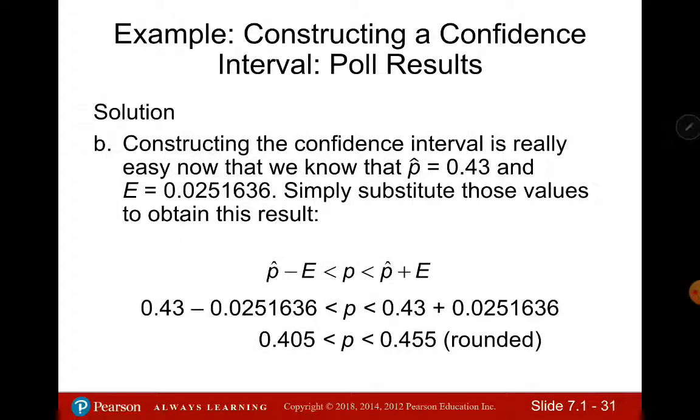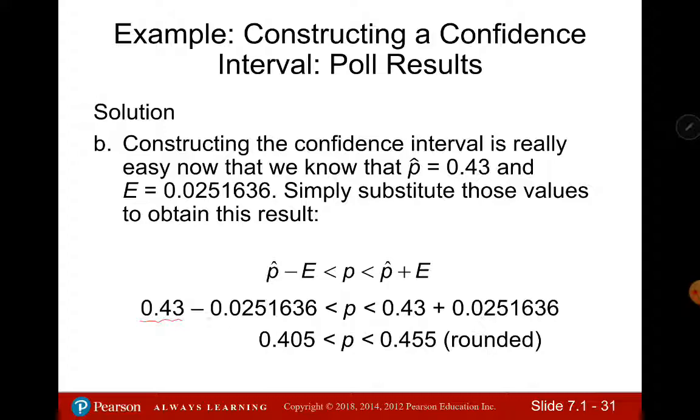Now, we will use the margin of error to complete part B. Part B asks us to construct the confidence interval, right? So a confidence interval for proportion always follows this format: p-hat, the point estimate, minus margin of error to p-hat plus margin of error. From the question, we already know p-hat, 0.43.